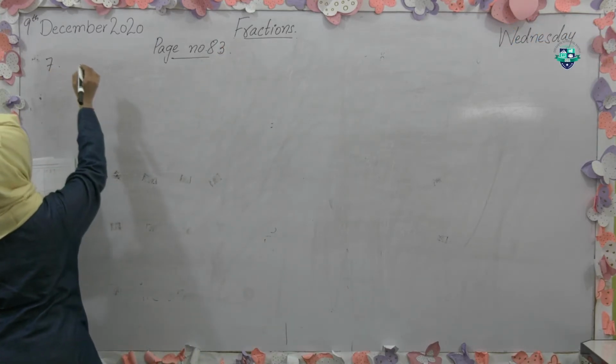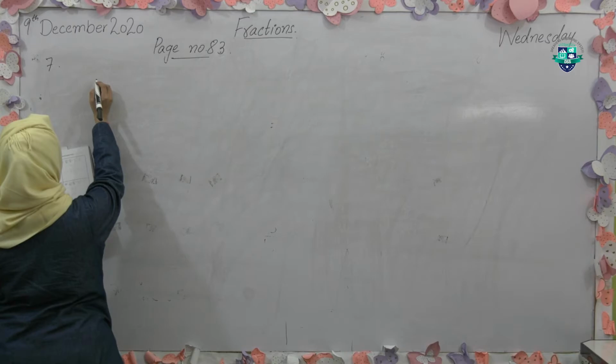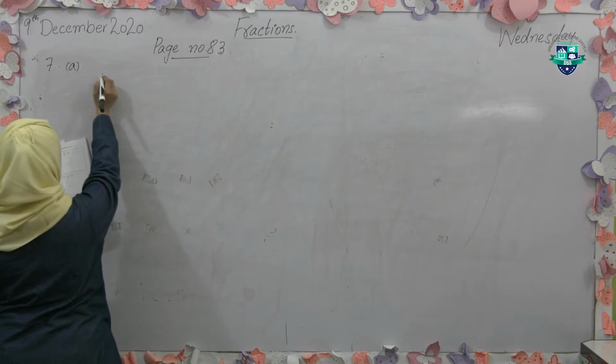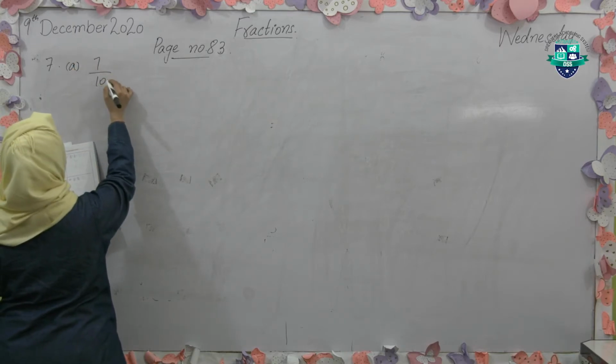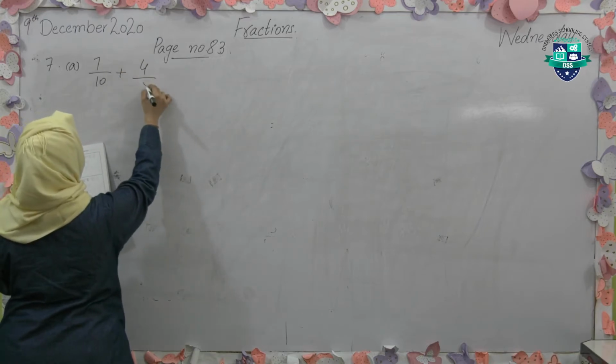Page number 83. Question number 7. Add or subtract. Give your answers in the simplest form. A part, 7 by 10 plus 4 by 5.